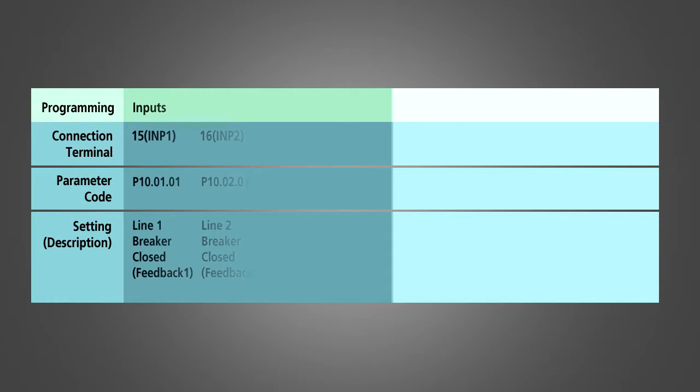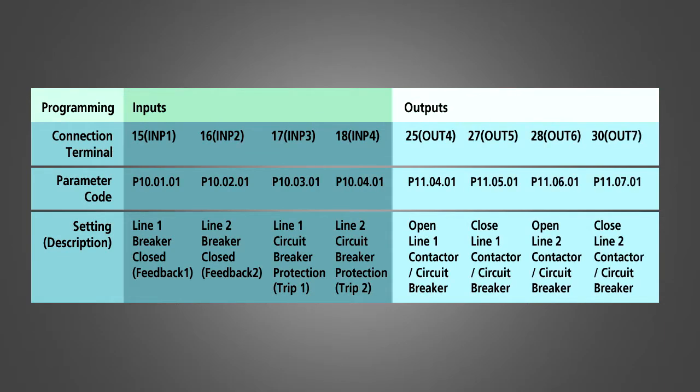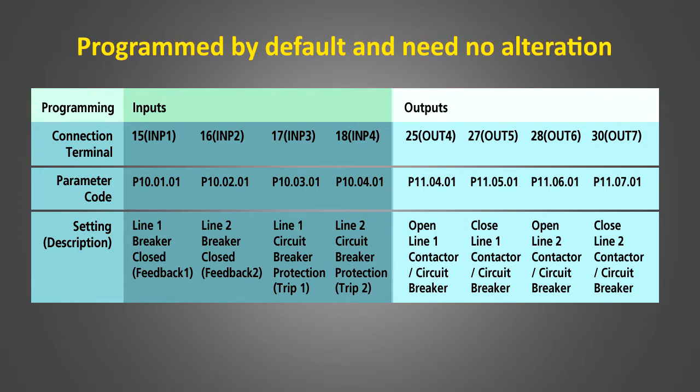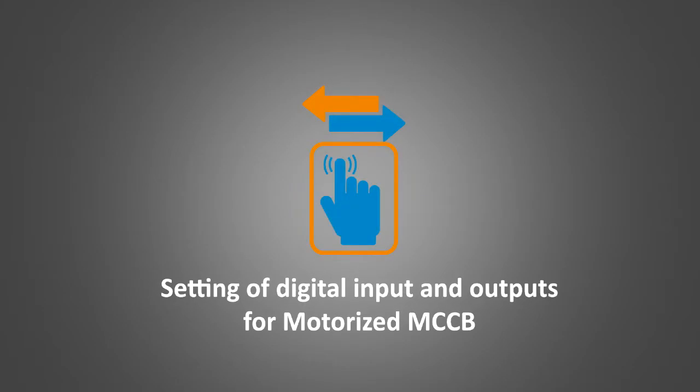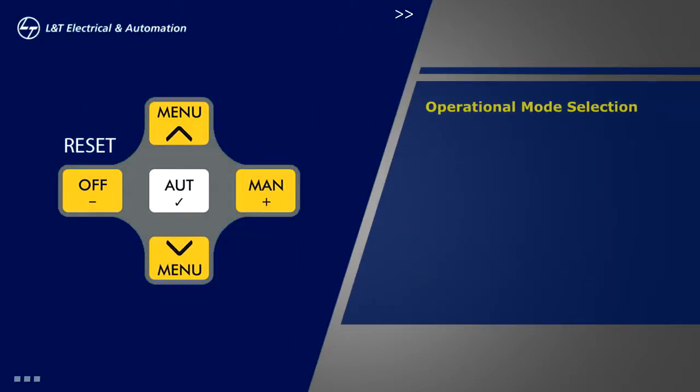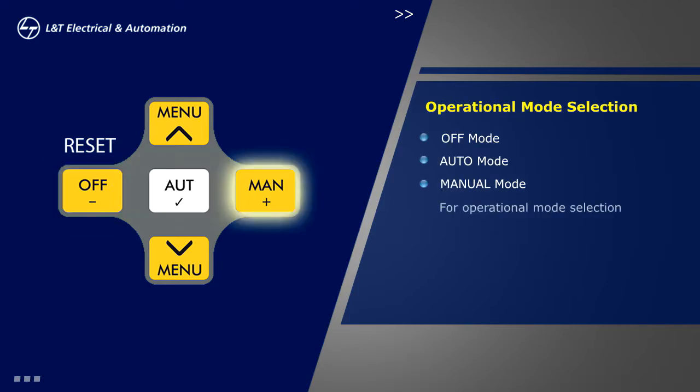For a motorized MCCB, both digital outputs as well as inputs have been programmed by default and need no alteration. Programming of digital inputs and outputs for motorized MCCBs. The key navigation panel has 3 keys which are off, auto and manual for operational mode selection.